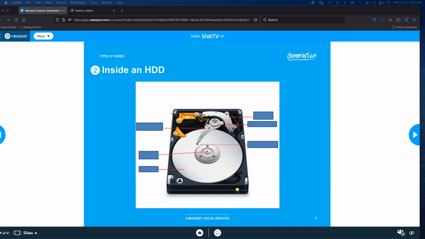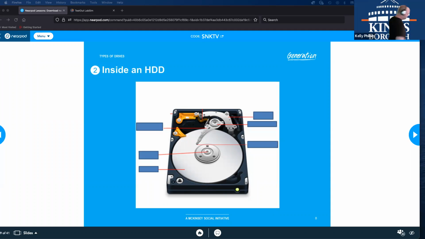Adriel, can you rescue me? I'm stuck. It has the name of the other two components we just mentioned: actuator axis, actuator arm.